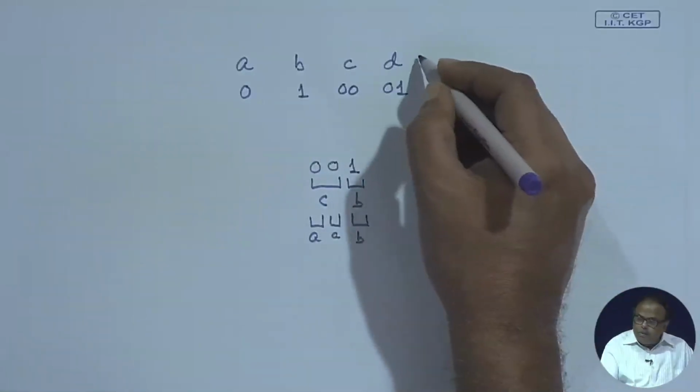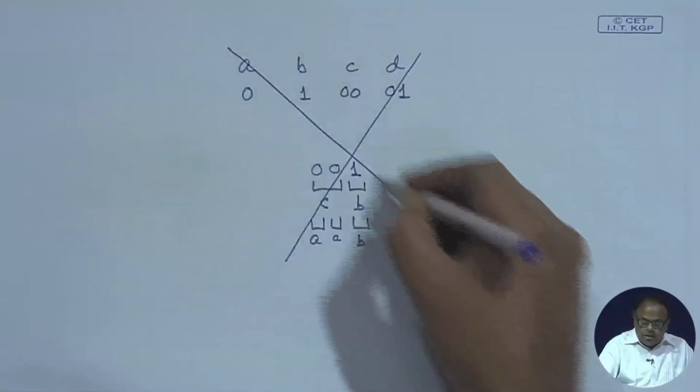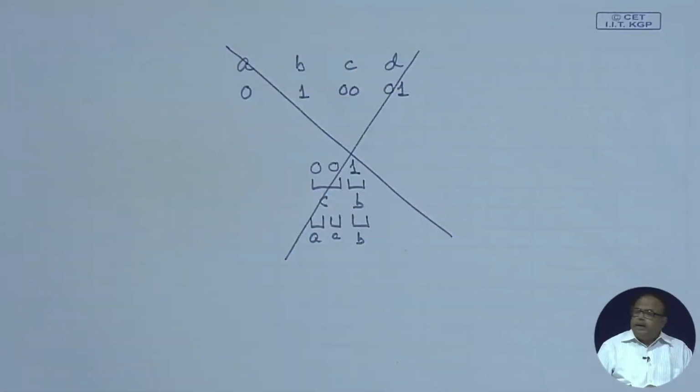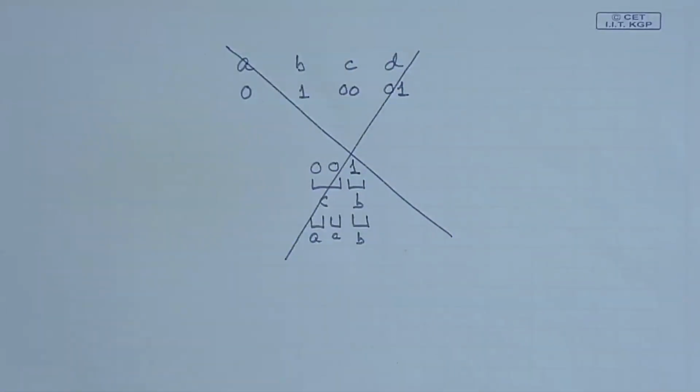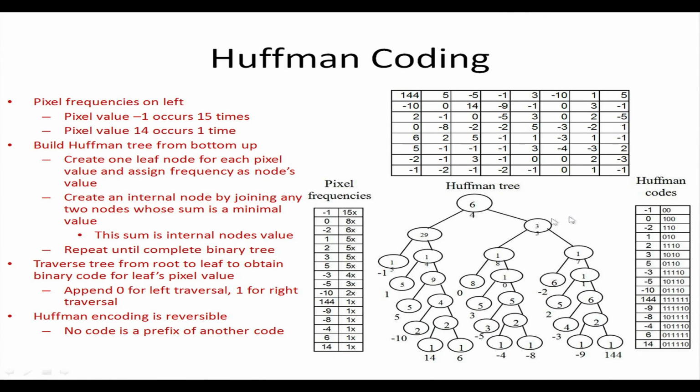But that problem is not appearing in the case of Huffman coding. So, purely these are unique encodings that we get, and the other property of this encoding is that I am associating a larger number of bits for the low frequency high information component.